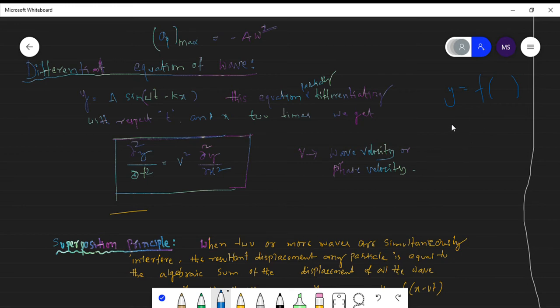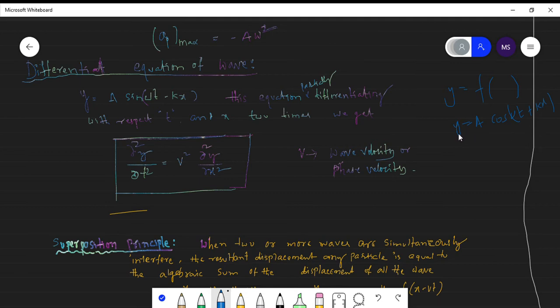For example, one example: y is equal to a into cos(ωt + kx). This function is given like this. Is it a traveling wave or not?